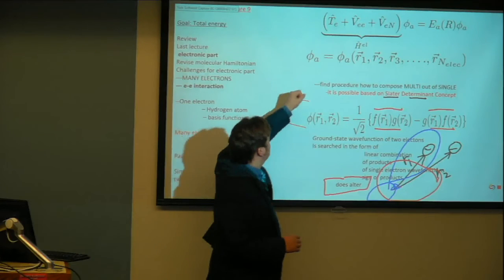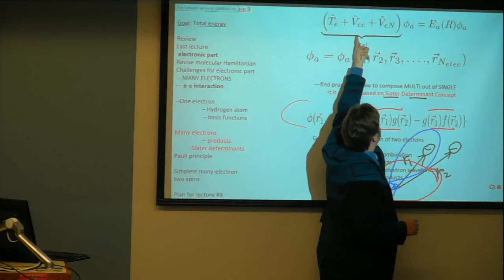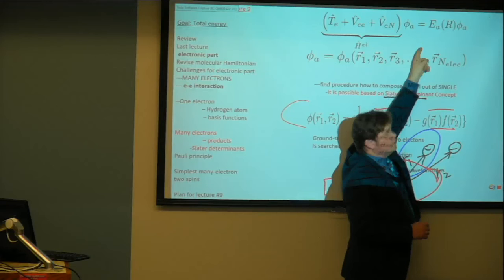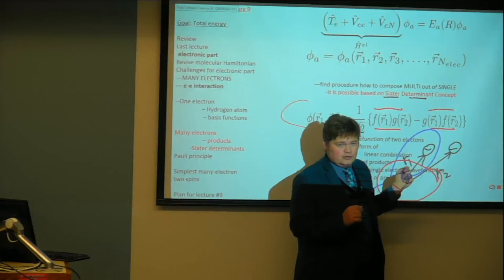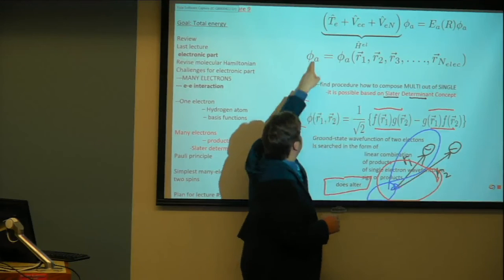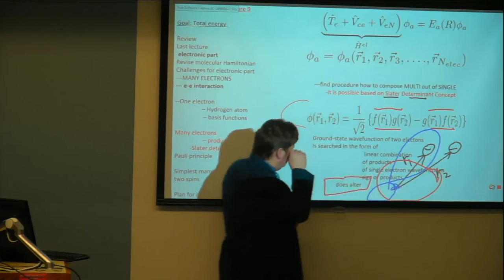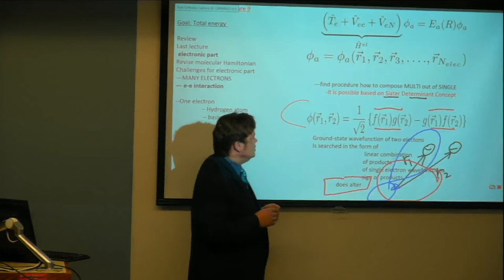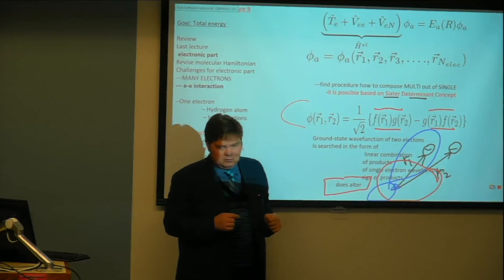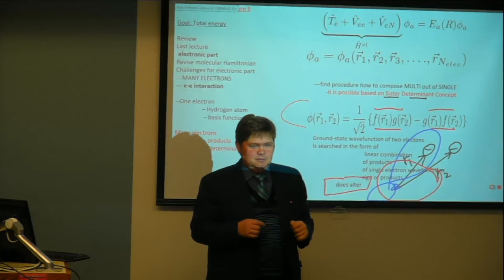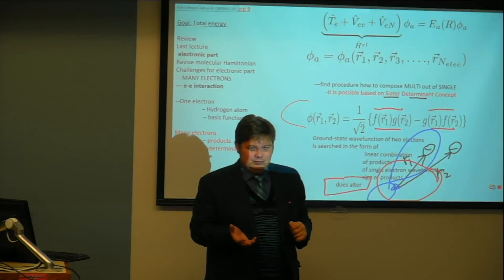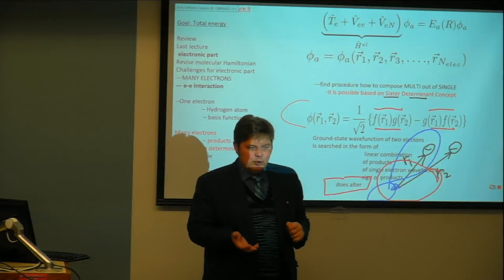So we are setting a goal to solve the electronic Schrödinger equation for the electronic part. We need to find this phi sub k that depends on the multi-electron wave function. And we need to respect our exclusion principle. Due to this necessity, we agree to accept the antisymmetric shape of the wave function.